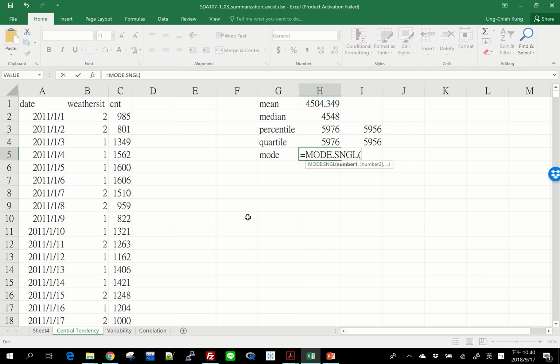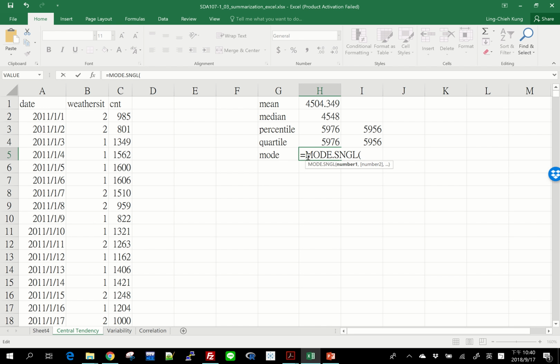As we mentioned, for this particular measure, the definition for categorical values and the definition for numerical values are somewhat different. For numerical values like CNT, basically we are talking about modal classes. But for categorical values like weather situation, we are talking about the pure definition of mode, the value that occurs the most.